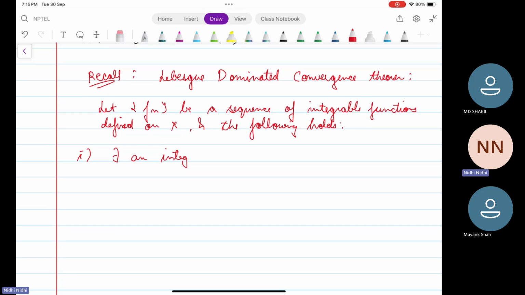There exists an integrable function f such that it is the pointwise limit: fn(x) converges to f(x) for every x in X. Secondly, there exists some dominating function.